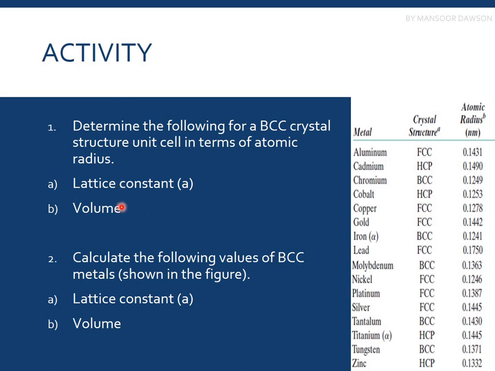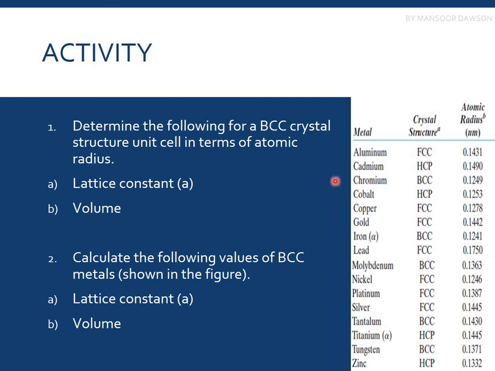It's very easy. You can also consult the book of William F. Smith and William Callister. Next you have to calculate the following values of the BCC metals shown in the figure. Once you derive the relation of the lattice constant and the volume in terms of radius, you can easily calculate the lattice constant and volume of the BCC structure shown in the figure.